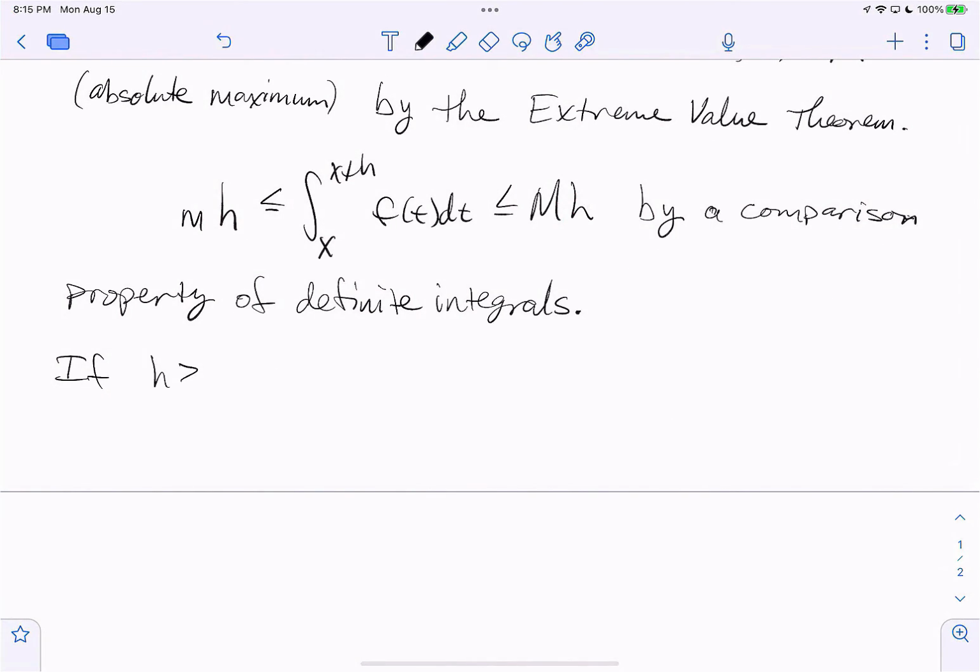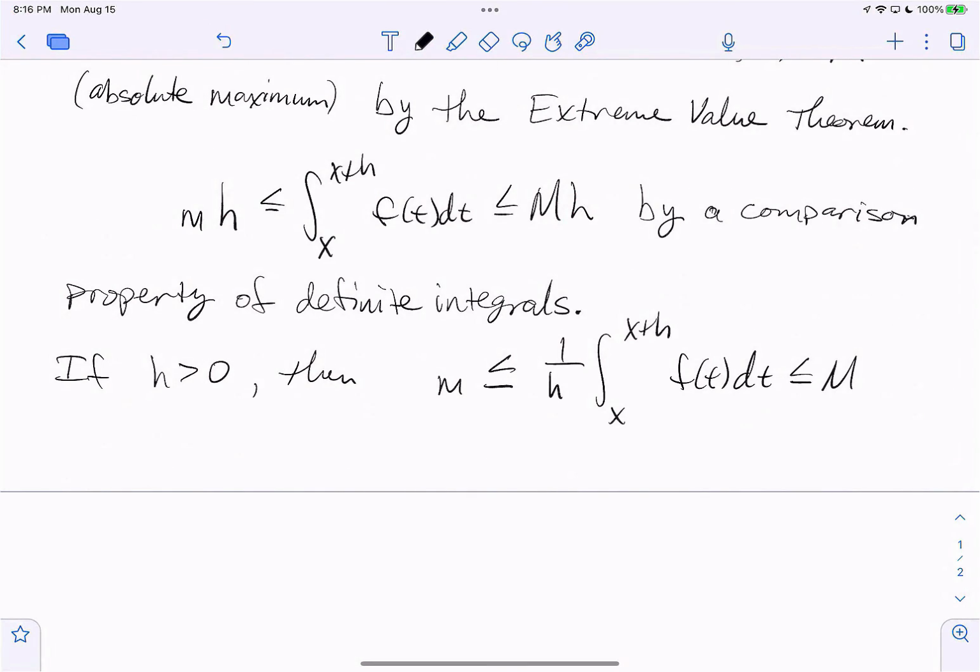If h is positive, then we have lowercase m is less than or equal to 1 over h times the integral from x to x plus h of f of t dt, which is in turn less than or equal to uppercase M. And h was positive because the inequality symbols would have to reverse otherwise. But if they did, it won't change what's about to happen. So we'll say similarly for a negative h.